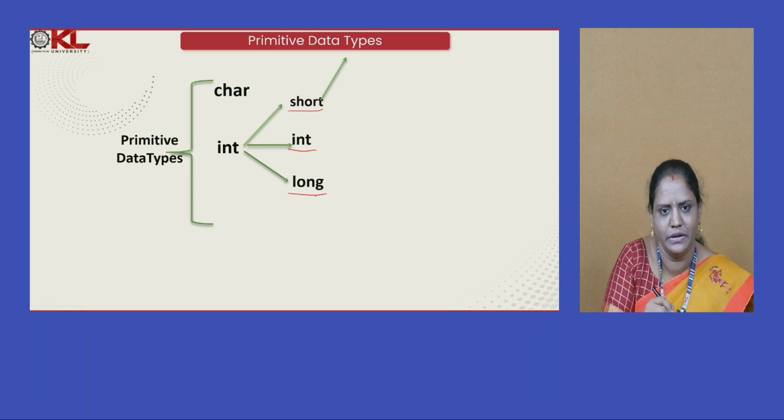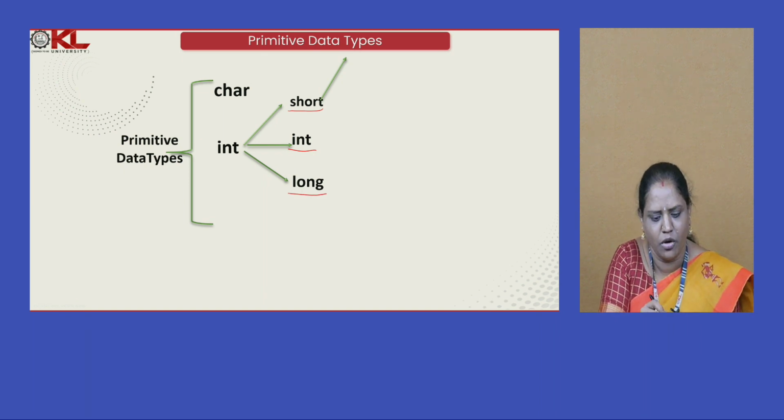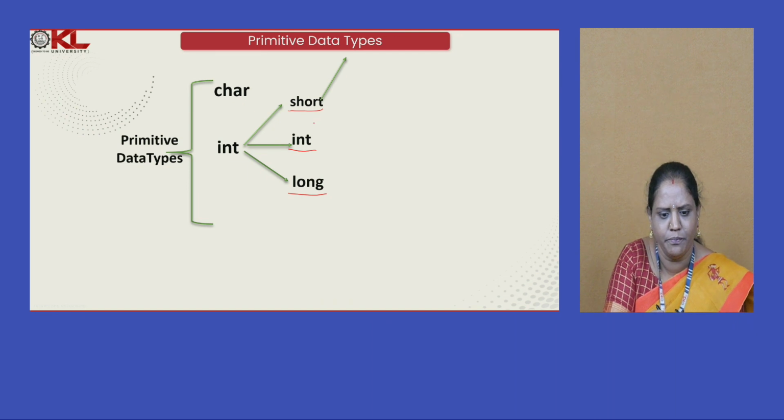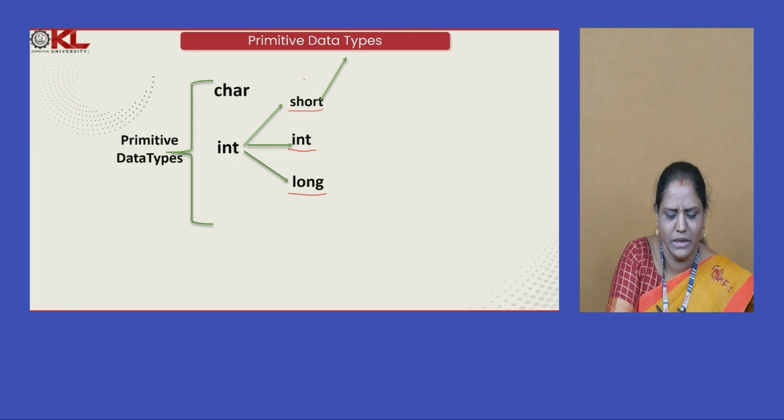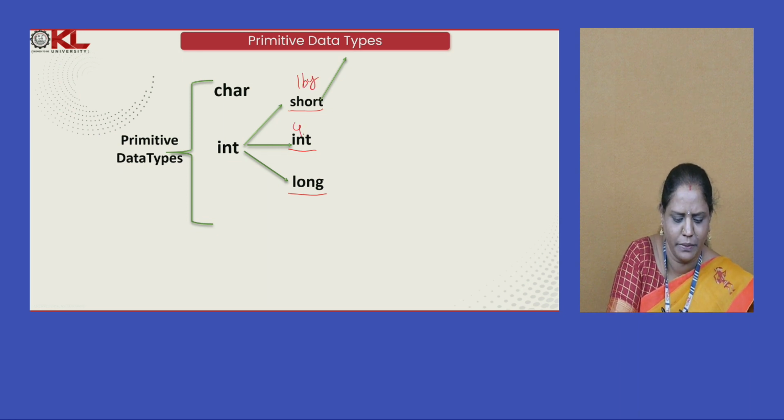Then what is their difference? The difference is how much memory they are going to occupy and how much range of value you can store. Short int occupies only 1 byte, int occupies 4 bytes, and long int occupies 4 bytes. Remember, for int some compilers occupy 2 bytes.